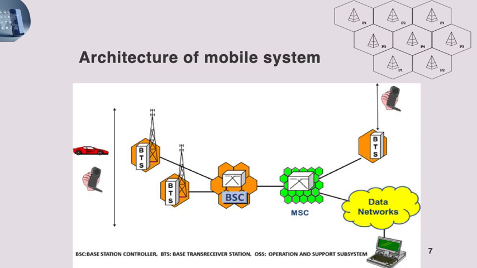BSC stands for base station controller. So the communication switching center is the base station controller. The user's call from the first base transceiver station, or BTS, will be connected to the second cell's BTS, being handled by the base station controller.